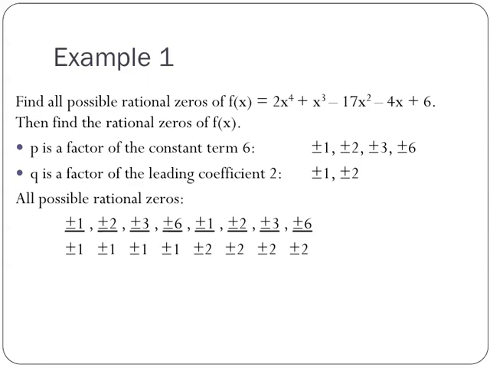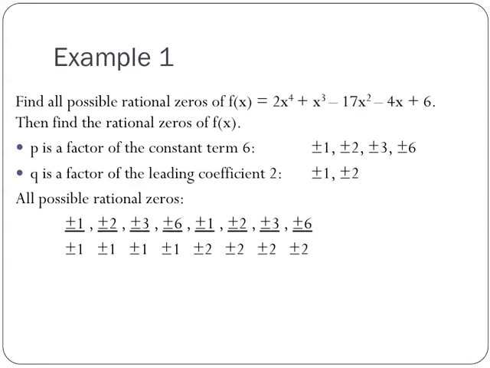Now, we're going to take out any, what I'm going to call duplicates. If you look at this, plus or minus 1 over plus or minus 1 is essentially the same as plus or minus 2 over plus or minus 2, right? Once you divide, it just becomes plus or minus 1. So I'm going to go through and simplify each of them, and if there are any duplicates, take them out. So plus or minus 1, plus or minus 2, plus or minus 3, plus or minus 6, plus or minus 1/2, and then we have a repeat here, that's also plus or minus 1.